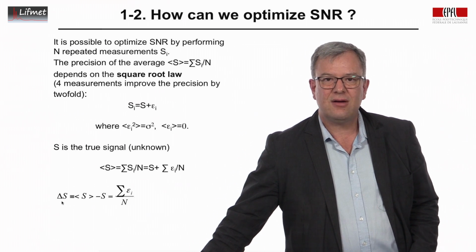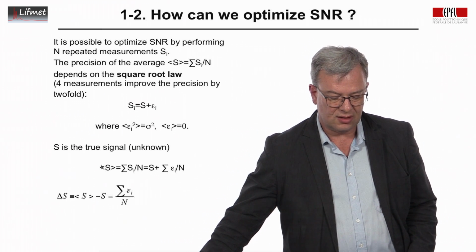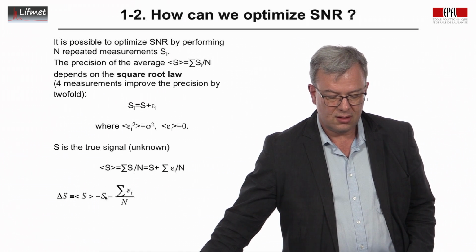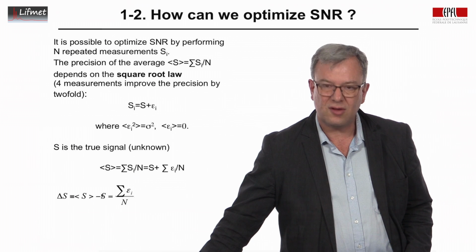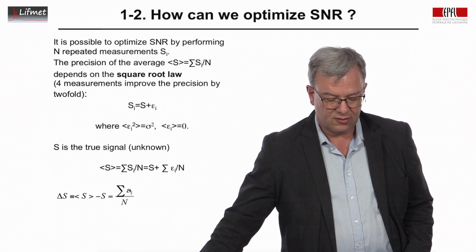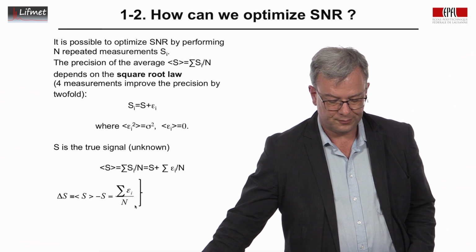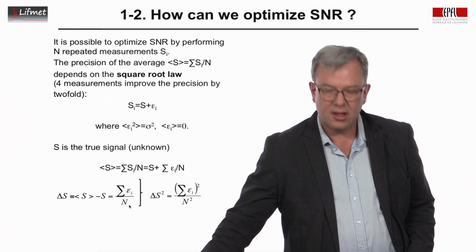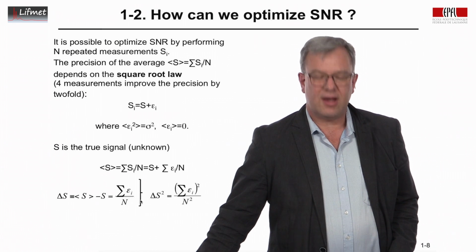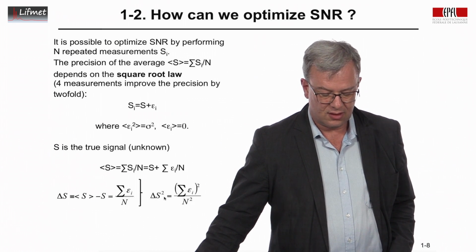Now we'll define here the deviation of our measured signal, the average S here, minus the true signal, which we suppose exists. That is then equal to the sum of the epsilon_i divided by the number of measurements. Now we will calculate the square, delta S squared.